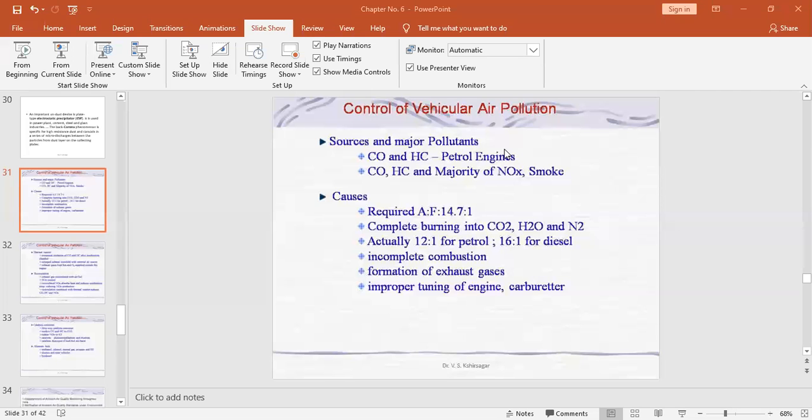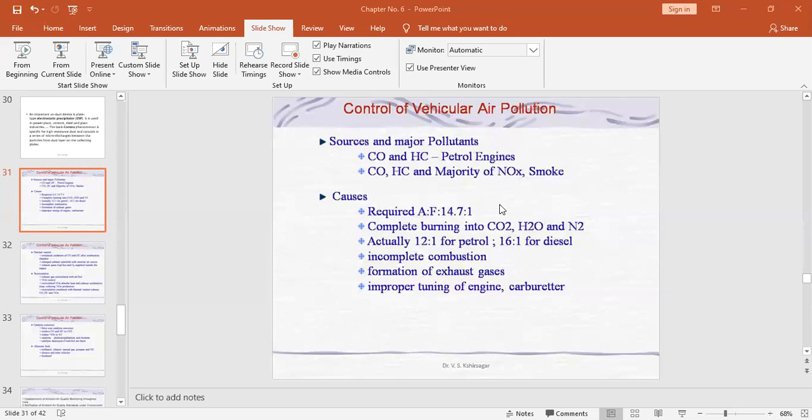Next point is control of gaseous pollutants, which we have studied. Control of vehicular air pollutants. Shall I share that slide? Yeah.